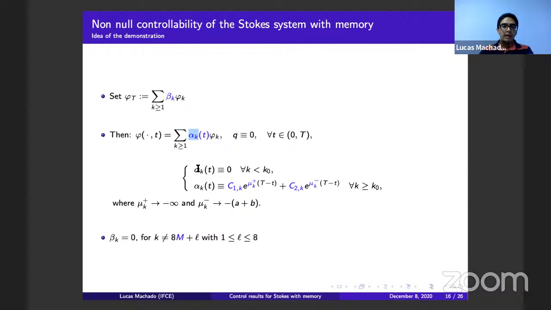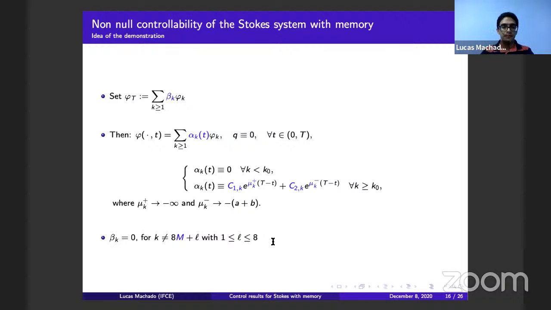Well, alpha_k has this configuration here, where mu is known, and C1 and C2 are equivalent to now b_k, okay. Well, then we will choose b_k this way, okay, in a sequence of 8 consecutive numbers, depending on the parameter m.